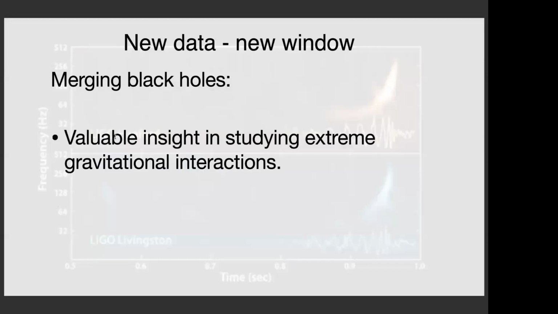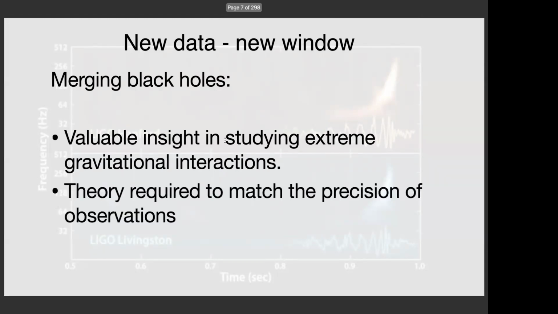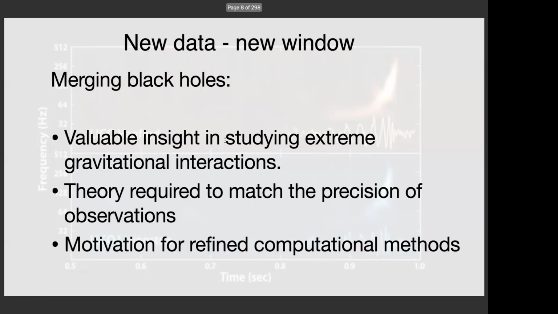First of all, there's very valuable insight in studying extreme gravitational interactions that we have access to through the gravitational waves from black hole mergers. And it puts pressure on us theorists to match the precision of the observations. And that has motivated a lot of interest in refined computational methods.